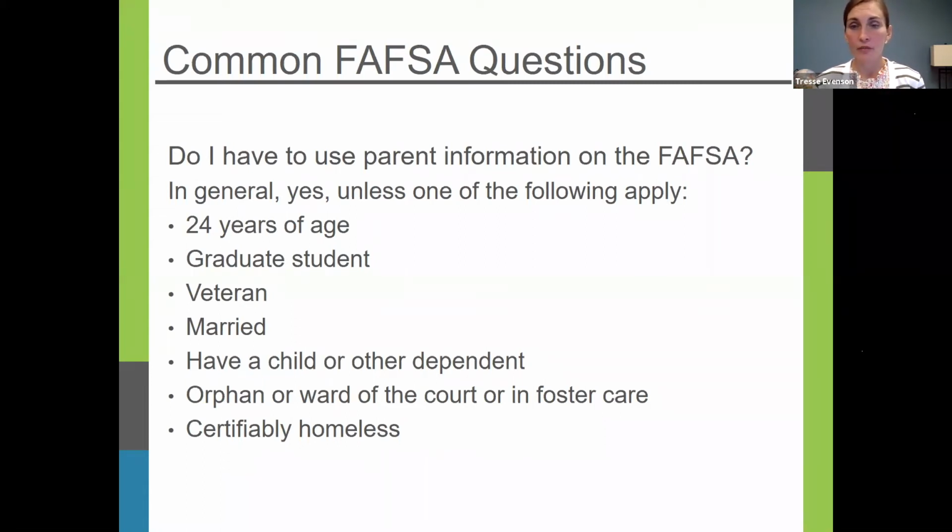That's not uncommon for schools to ask for some of that follow-up documentation to verify that the student is actually an independent student, because it's mostly prevalent that college students are dependent and required to provide their parents' information.